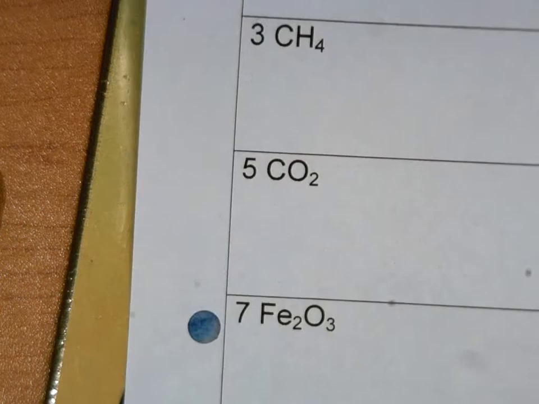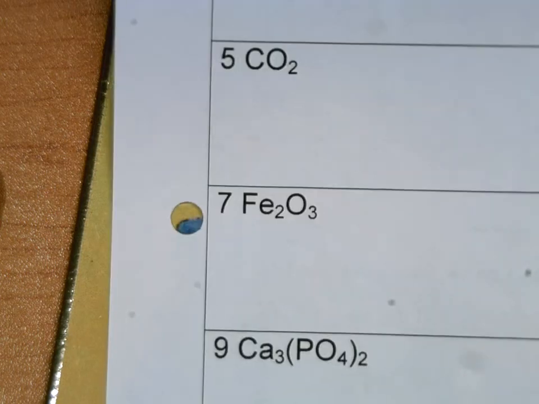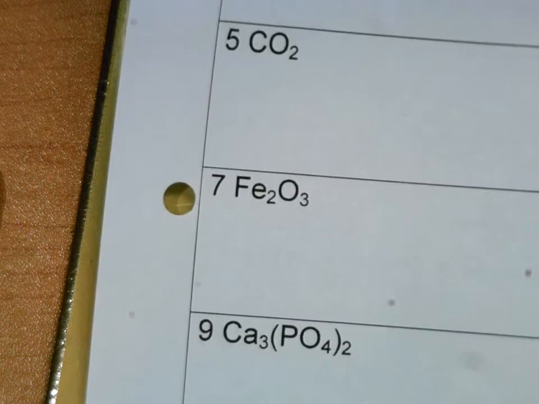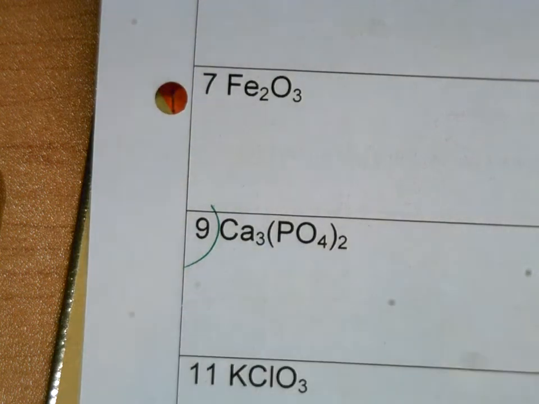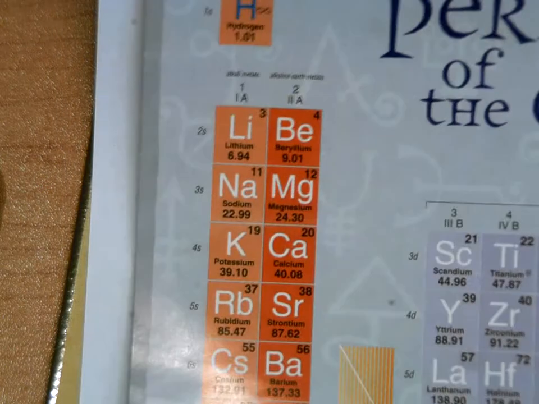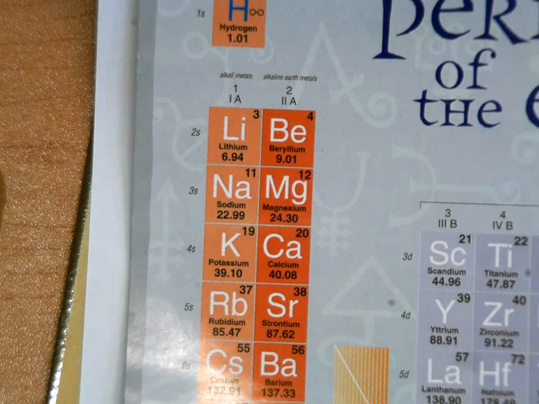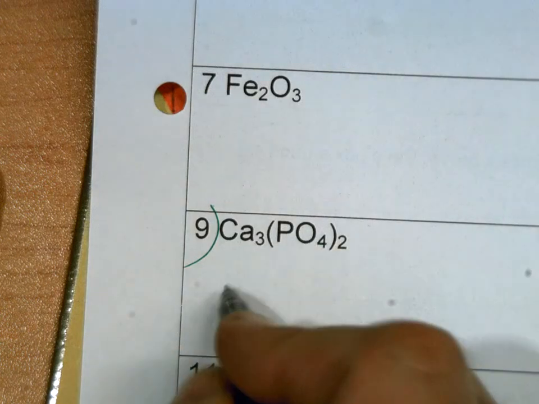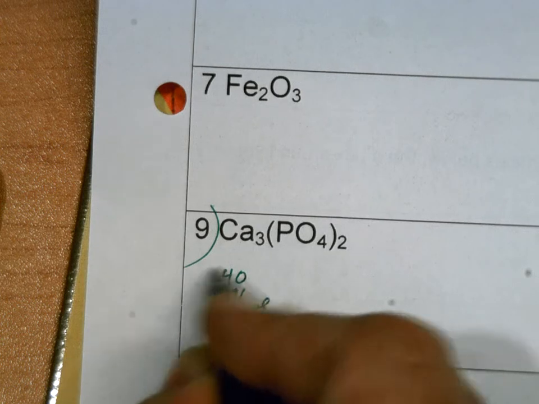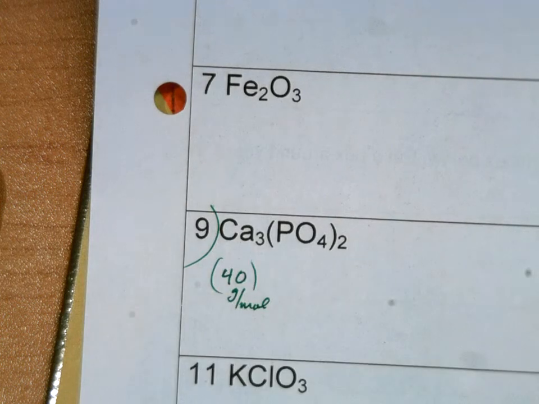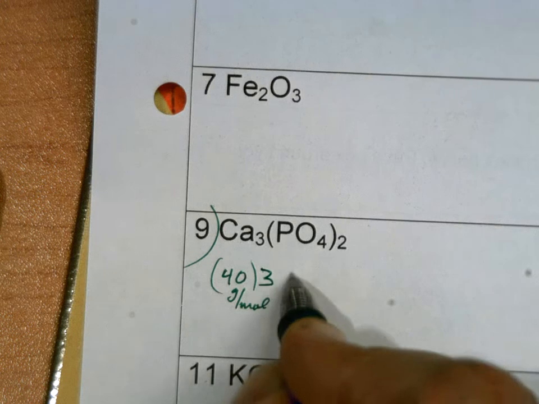Now I'm just going to work through, I went too low, right there. That one can be kind of scary. First off, that's question number 9 there, so don't think that there's 9 of those. Question number 9, calcium. Calcium's over here with a mass of 40. So we have a mass of 40 grams per mole for calcium, and we have 3 of them, so we got to times 3.